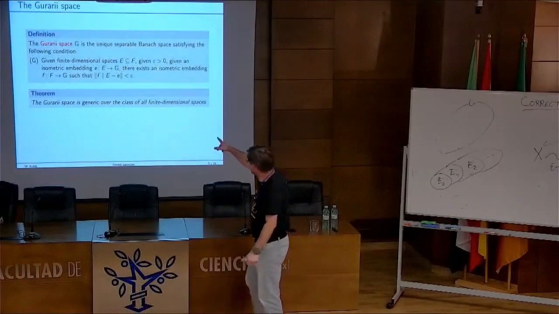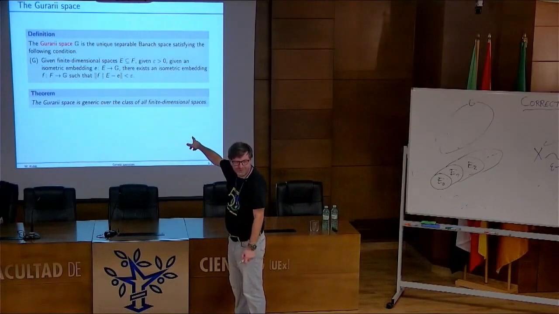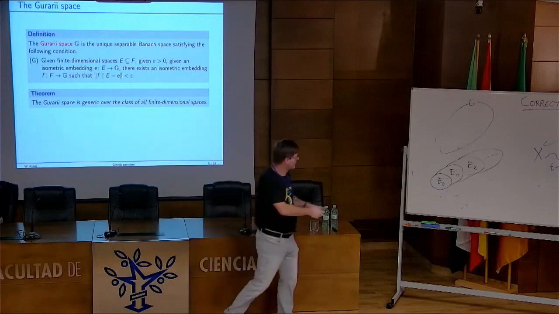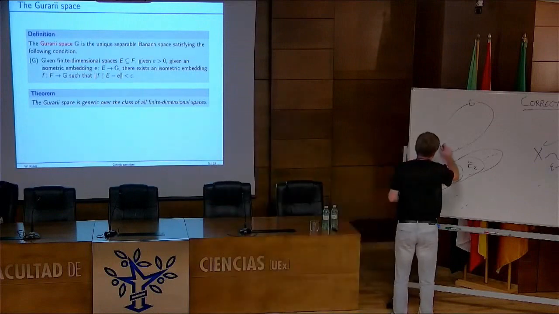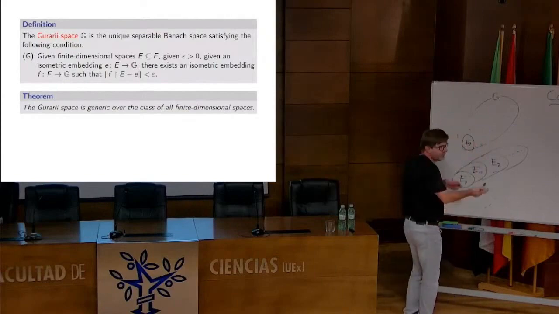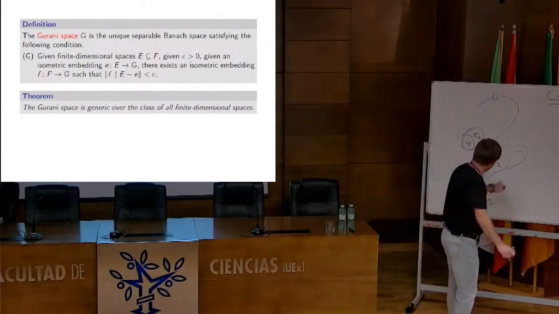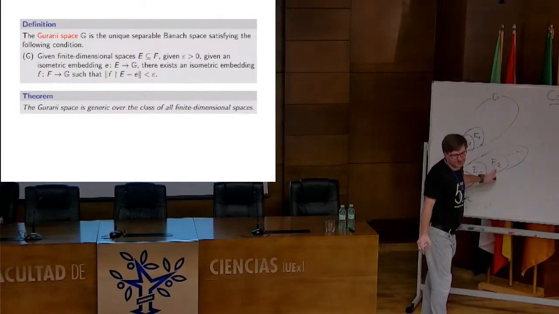Well, start with E to be the trivial space, and F is E0, yes? Then E0 is inside. So the second player can find a copy of E0. And he should respond with something like E1, which is already inside. Then the game really starts.